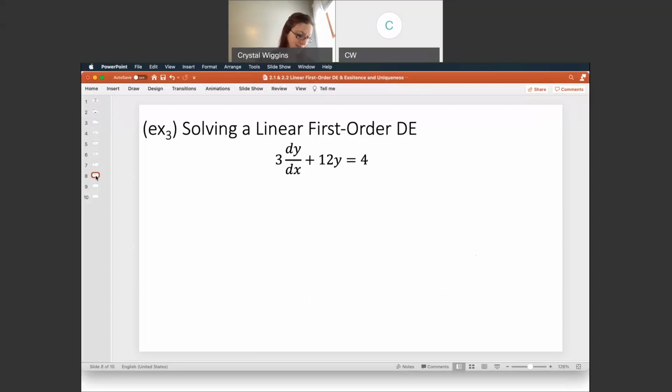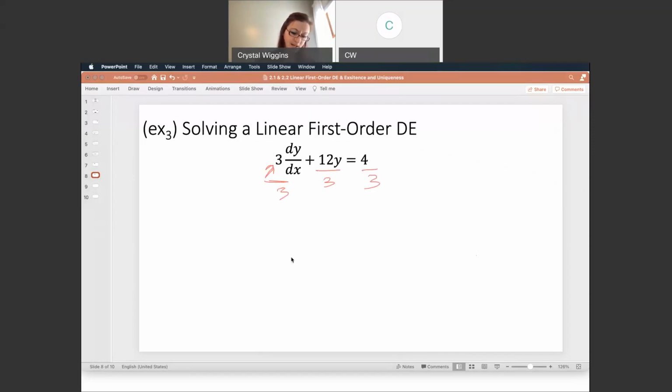So for this example, we are going to solve the first order linear differential equation by following our steps. And step one is to put it in standard form. So I notice that it looks close to standard form, minus one part, which is the fact that this 3 in front doesn't belong there. So I need to divide all terms by 3.